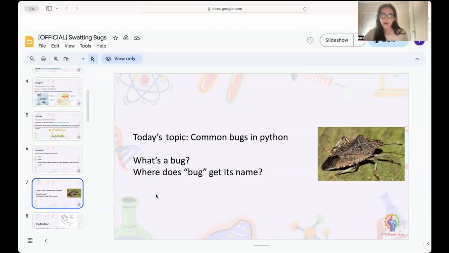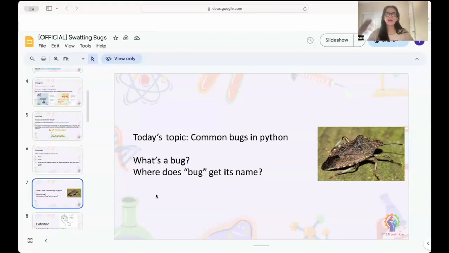So where does bug get its name? Now we're talking about bugs in the context of Python, or computer science and computer programming. A lot of interesting stories come from popular conversations in English. Another example is when we say there are gremlins in the engines.